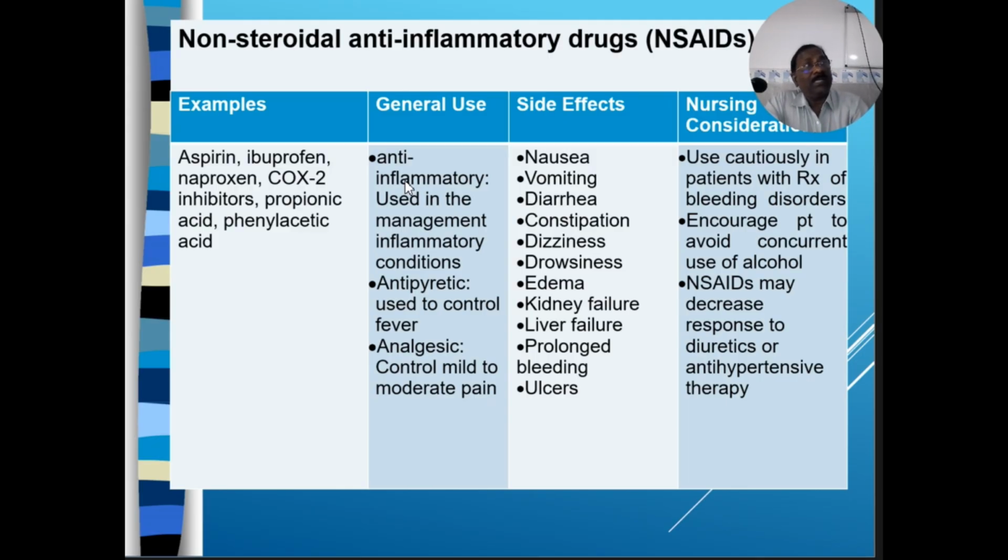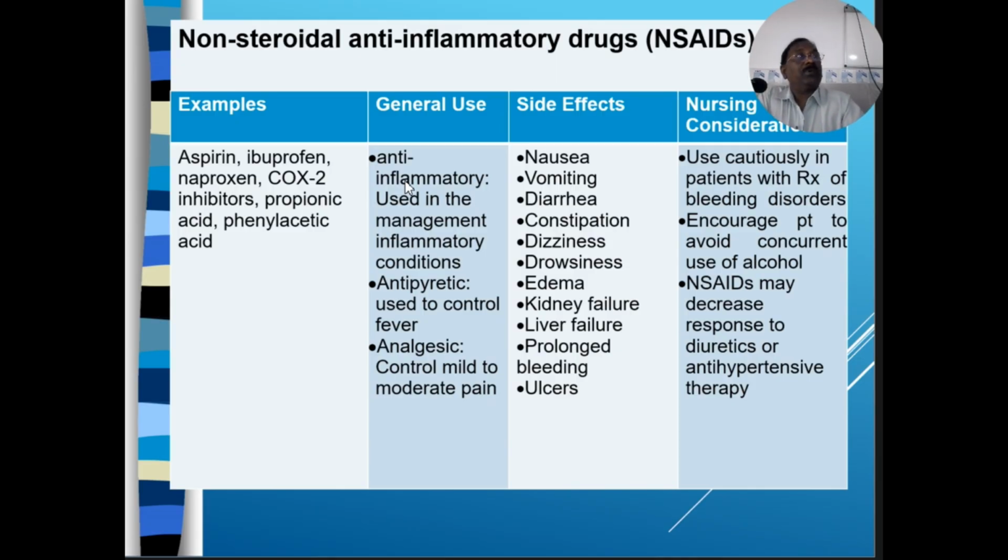Some people will develop diarrhea, constipation, dizziness, drowsiness, edema because of the NSAIDs, kidney failure, so acute interstitial nephritis following NSAID therapy, liver failure, maybe paracetamol overtoxicity, etc., and prolonged bleeding and ulcers in the stomach, esophagus or duodenum.